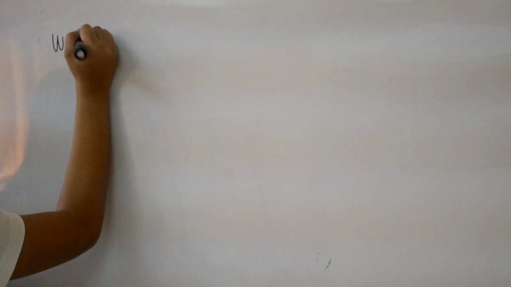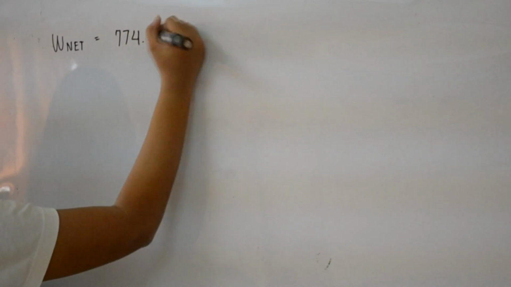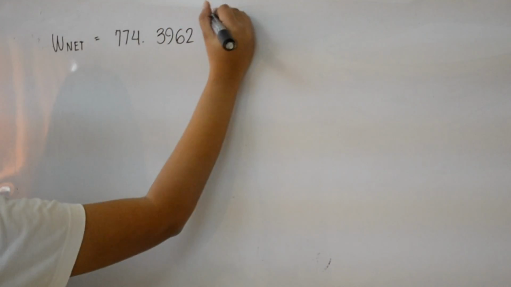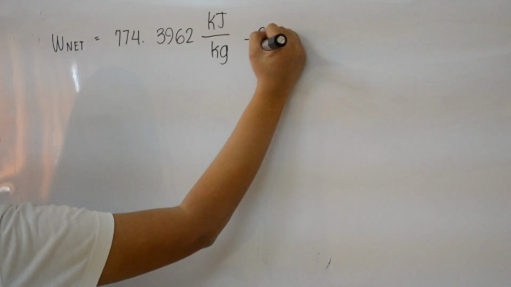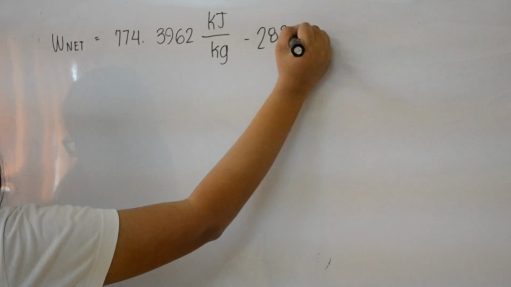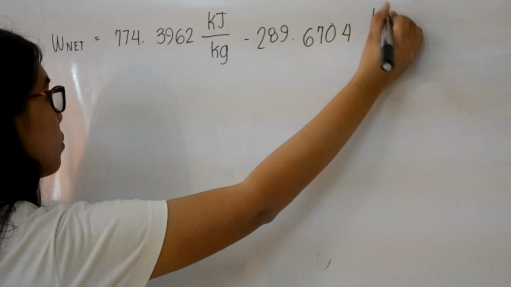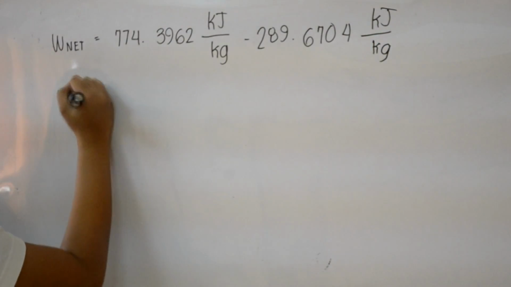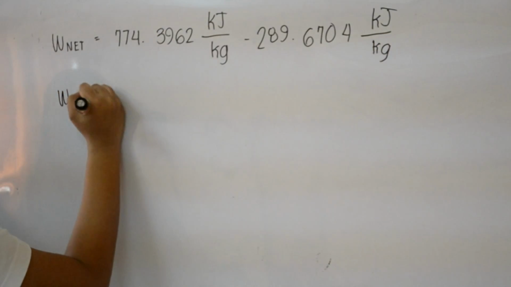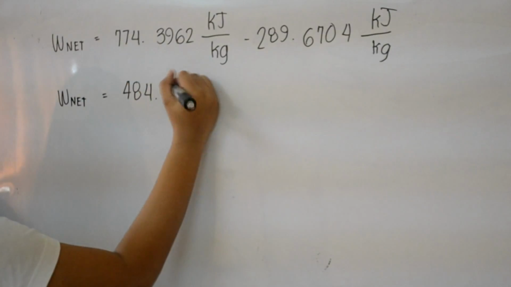The net work done by the system is equal to the sum of work of expansion, which has a positive value, and work of compression, which has a negative value. So, W sub net is equal to 774.3692 kJ per kilogram minus 289.6704 kJ per kilogram.